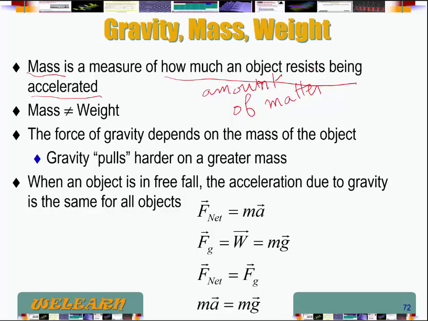The mass is not going to depend on where an object is. The mass of an object is the same at the surface of the Earth, or on the Moon, or on Mars. The mass is the same.